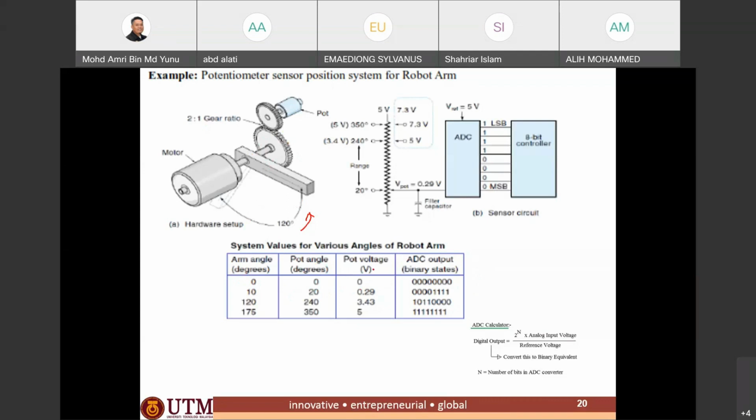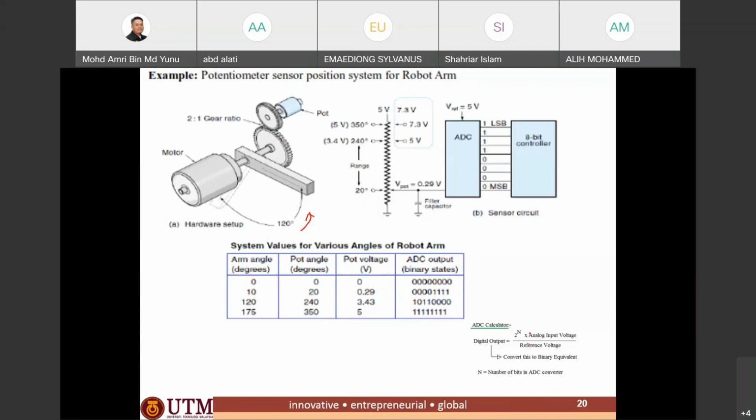The potentiometer output given in this example is 0.29 volts, and the ADC output is 0.0001 0.1111.